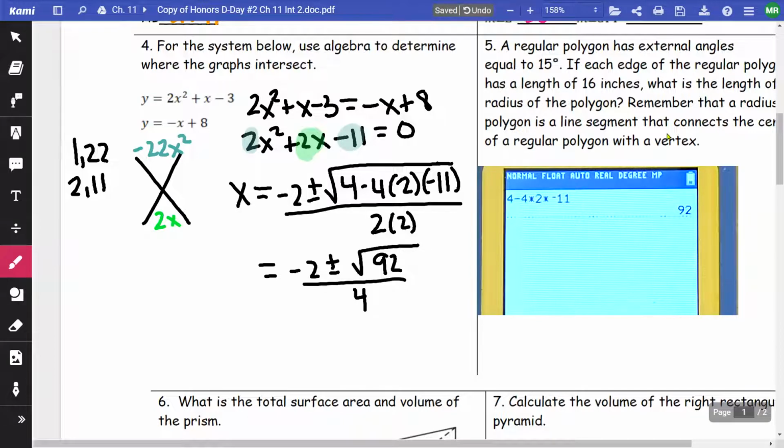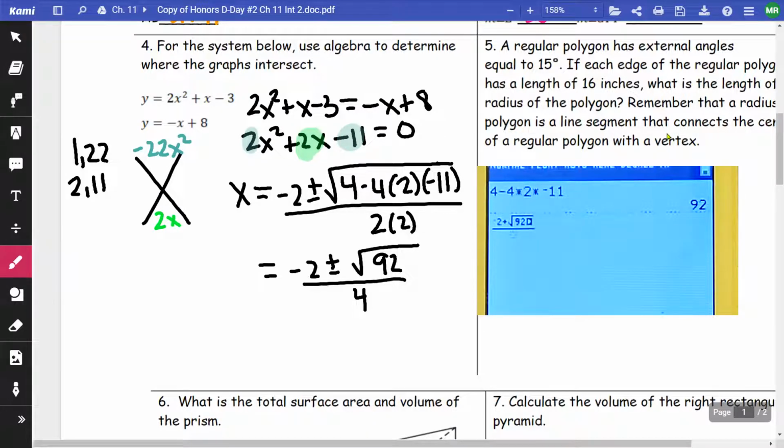Let me do that math. So I am going to take negative 2 plus the square root of 92 divided by 4.